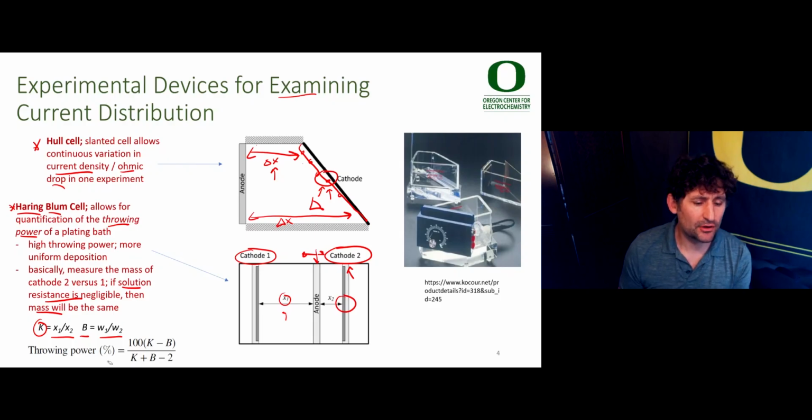And the throwing power here in percent is just then given by this expression. And you can see here when W1 equals W2, B goes to 1. If I plug B equals 1 here and simplify, I get 100% throwing power. This means the electrolyte can deposit far away from the anode with good uniformity.